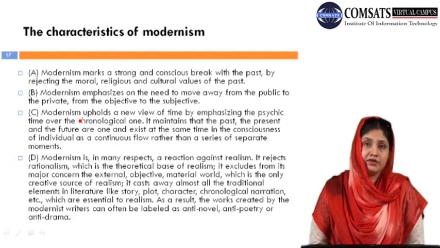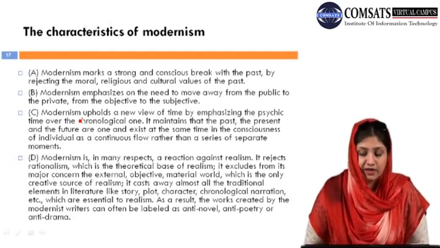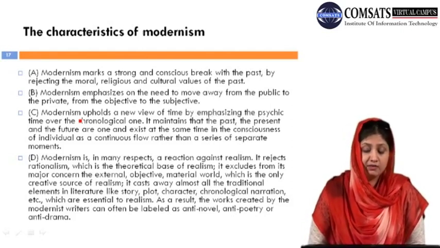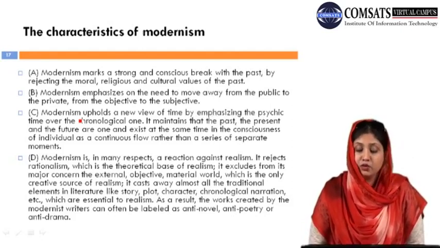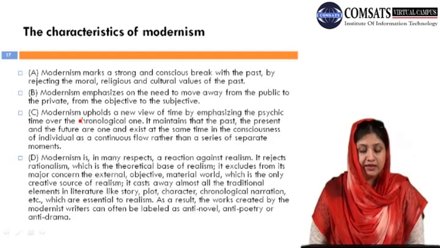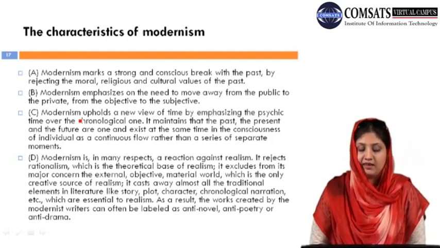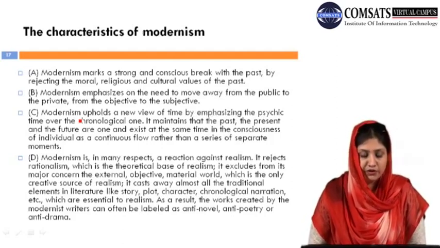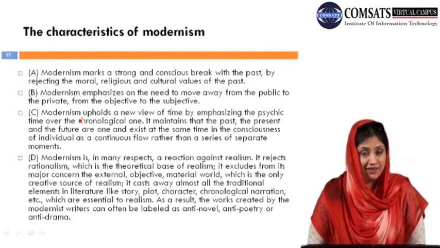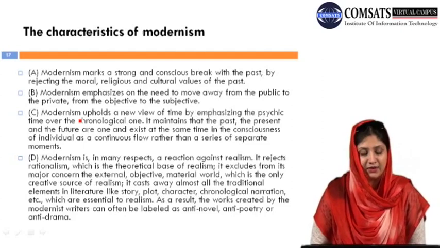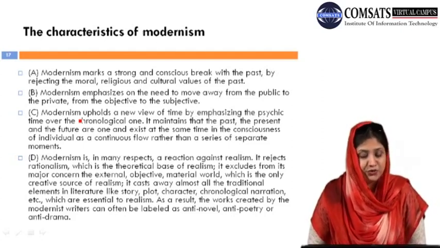Modernism is, in many respects, a reaction against realism. It rejects rationalism, which is the theoretical base of realism. It excludes from its major concern the external objective material world, which is the only creative source of realism. It casts away almost all the traditional elements in literature like story, plot, characters, chronological narrations, etc., which are essential to realism.